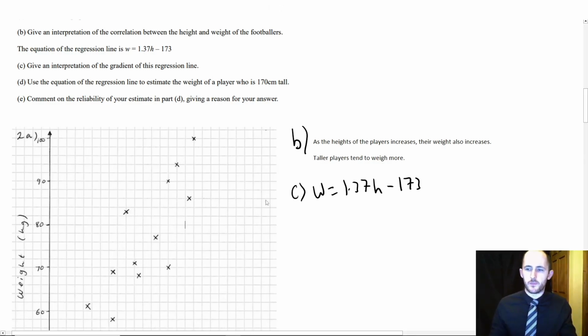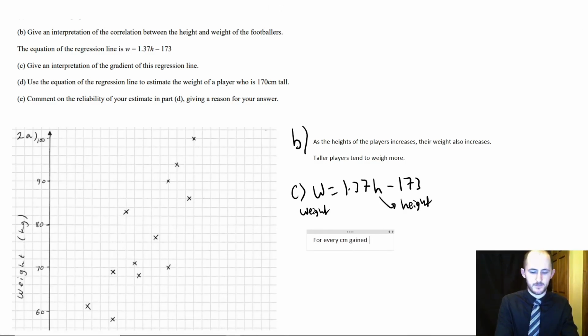W is the weight, and H is the height. So with the gradient of 1.37, all we're saying is for every centimetre gained in height, the player gains 1.37 kilograms in weight.